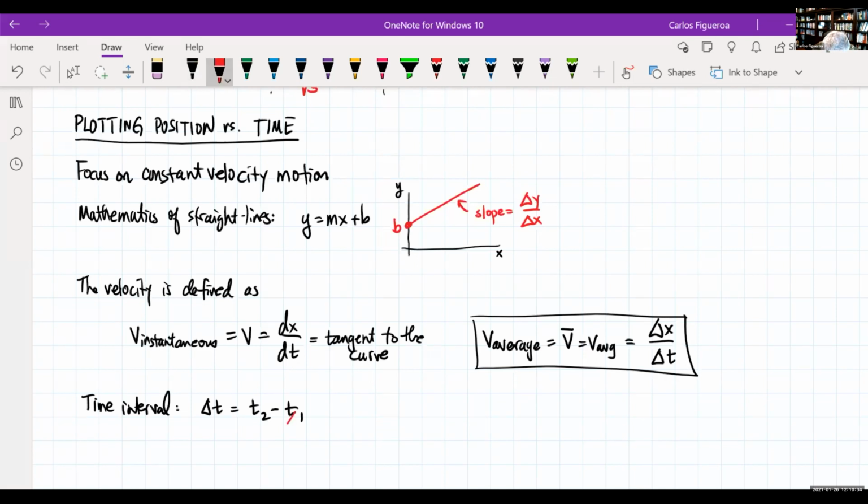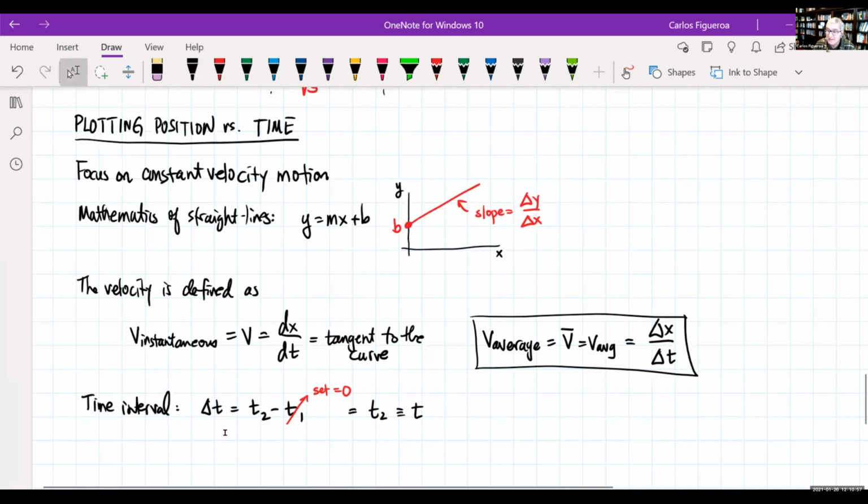They take T1 and they set this equal to 0. And when they do this, it's now customary to take T2 and redefine it as just T. Okay, so this is very, very customary.